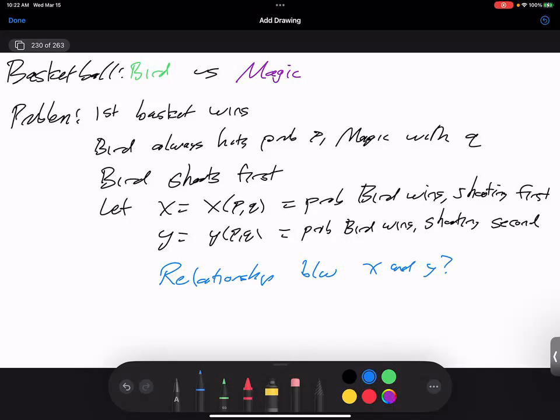So the conjecture is Y is equal to 1 minus Q times X. Yes, and that is correct. That would mean Magic would have to miss his first shot, and then from this point onward, it's just like Bird has started the game at first.